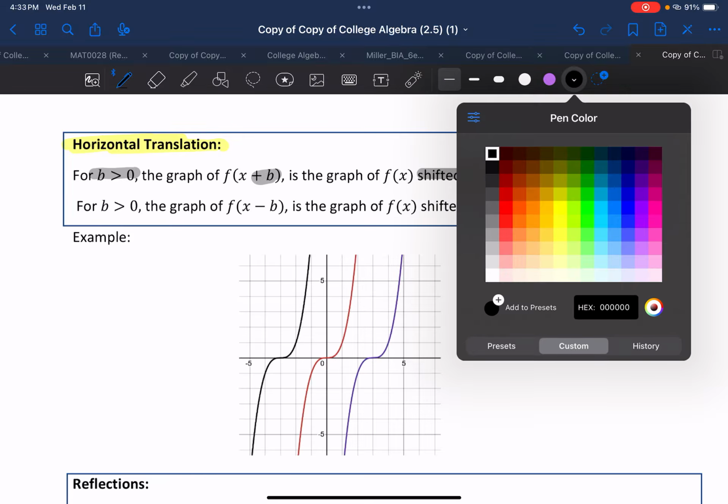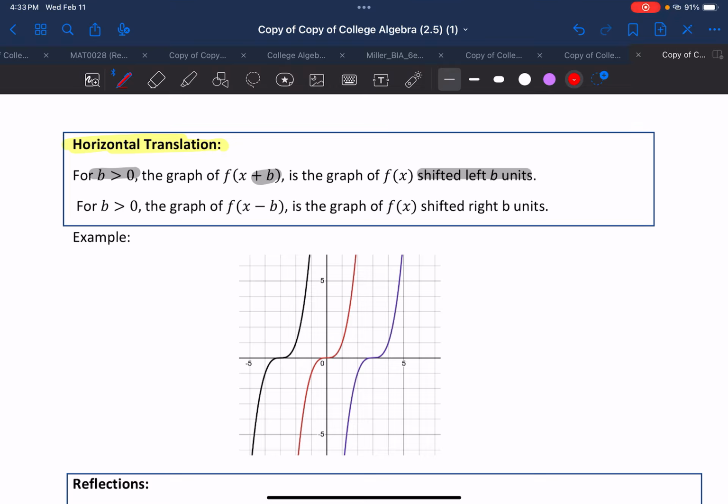So let me explain this one. Here in this example graph, the one in red is our base graph, f of x, and this is the base graph of x cubed. If you look back at the library of functions, this is the x cubed one. It does that weird little curly thing at the origin.